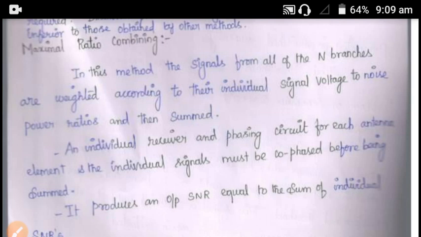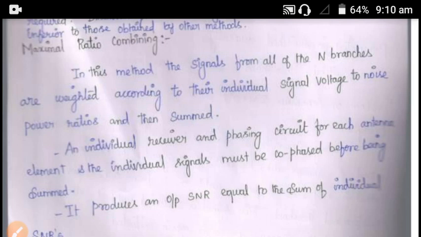The signals from all the n branches are weighted according to their individual signal voltage to noise power ratio and then summed together.